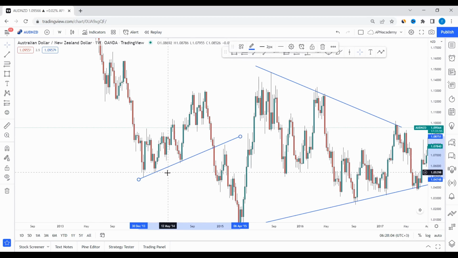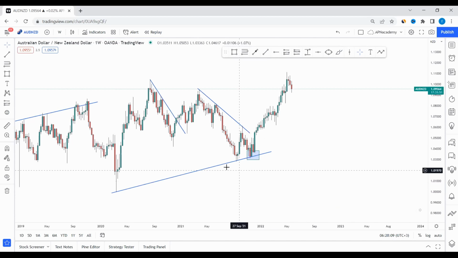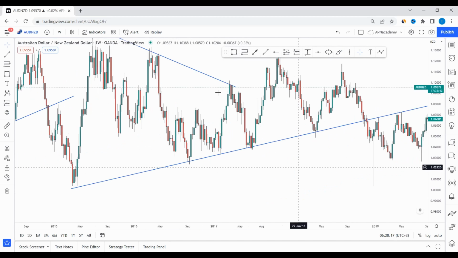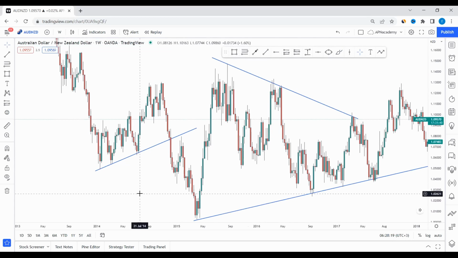So far, let me see how many. This is the only one. This one here. This other one did not touch. This one did not touch. Those are 3, 4, 5, 6. So out of 6, only 2 have worked out. The other 4 out of 6 are not for you.